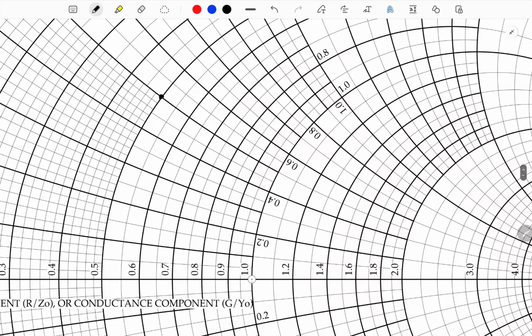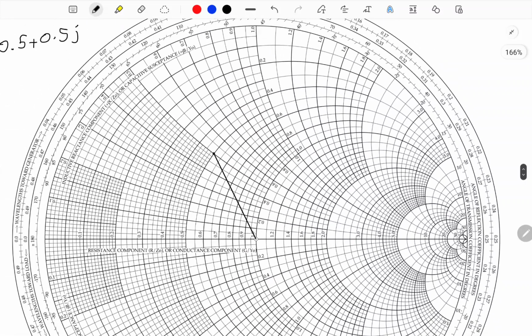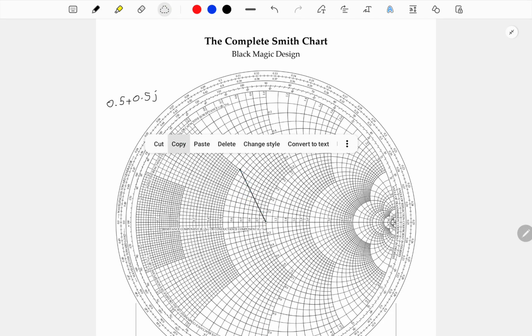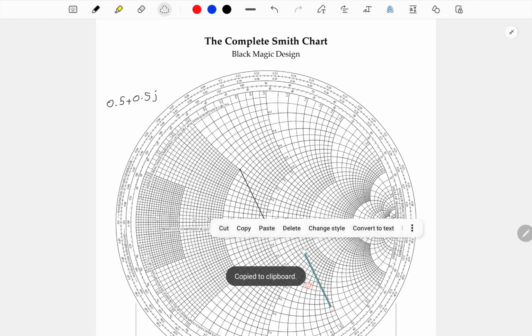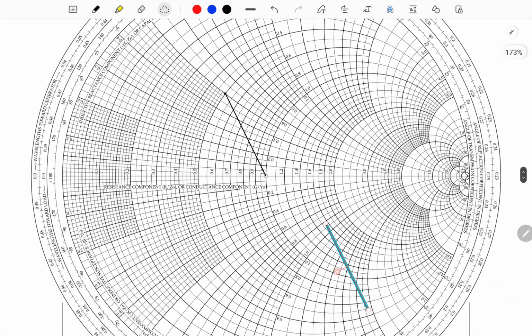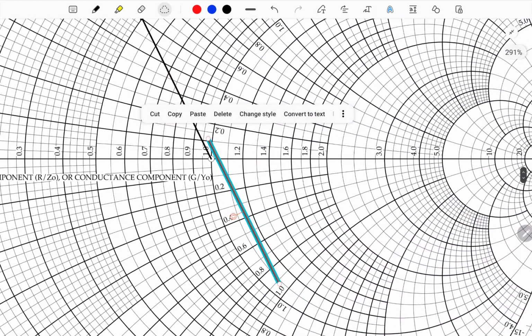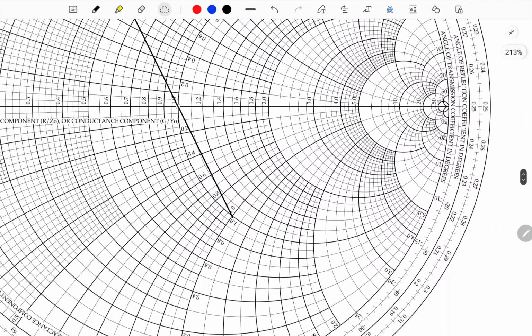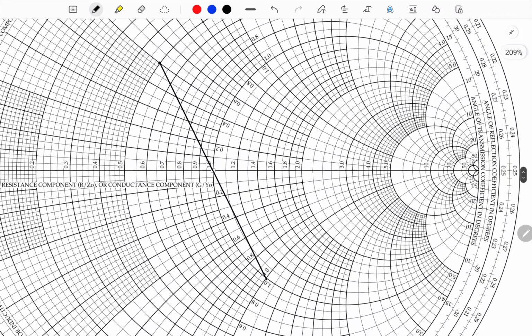And now we're going to draw this thing called a VSWR circle. We have to draw a perfect circle using this radius. What I'm going to do is cheat: I'm going to draw the radius again and connect it to draw a perfect circle. But if you're doing it on paper, you can't do it like this, obviously. Use a compass.